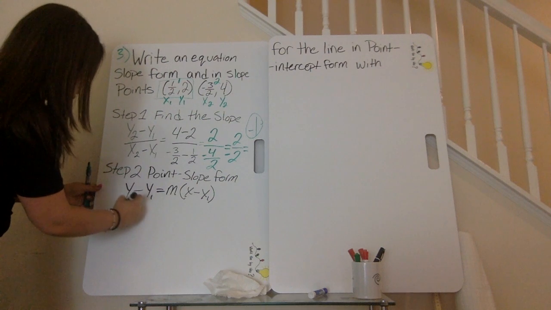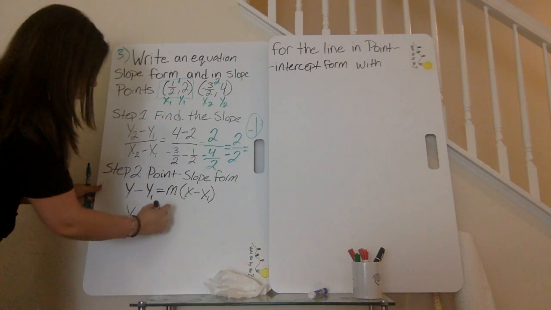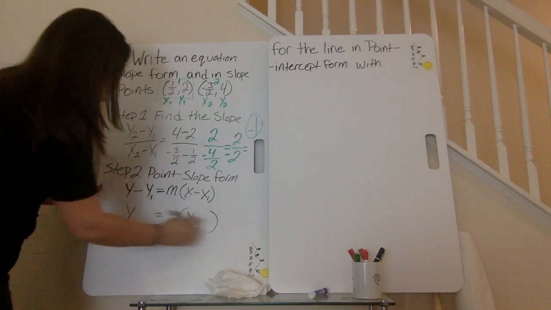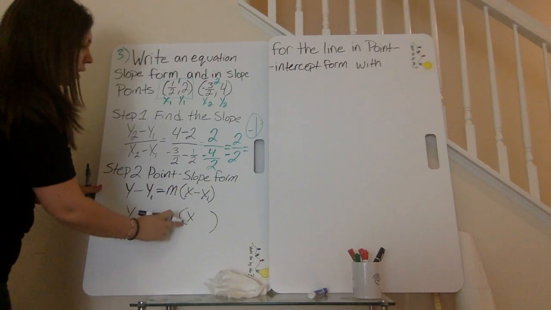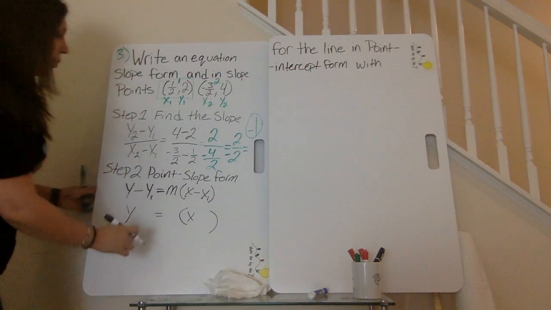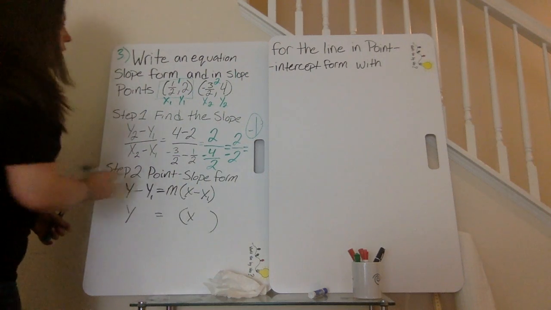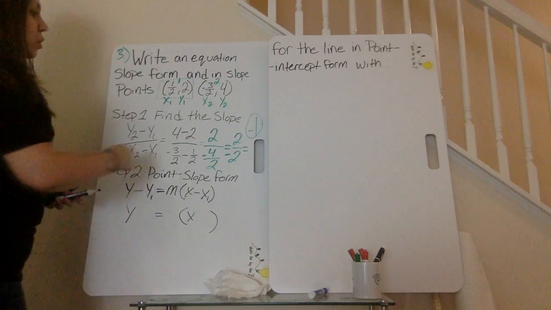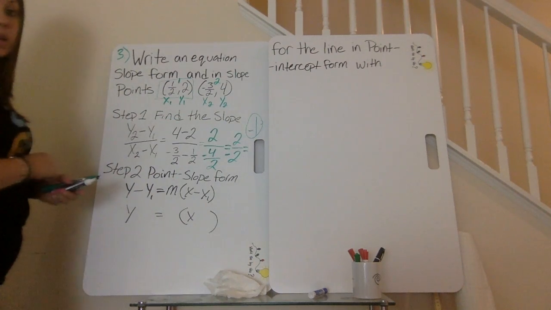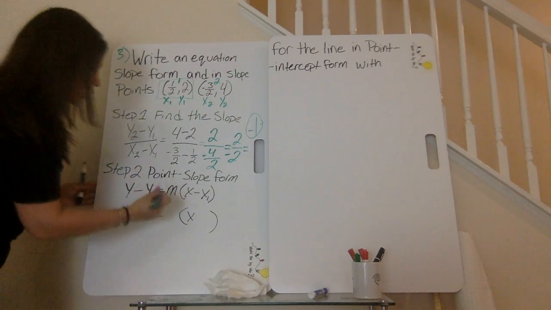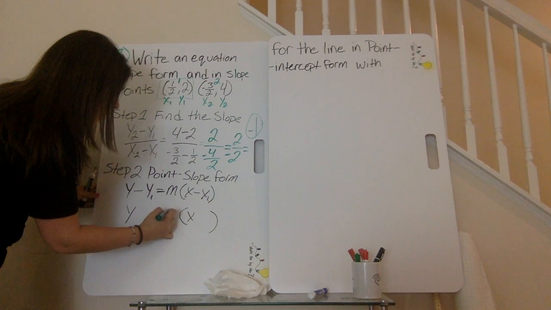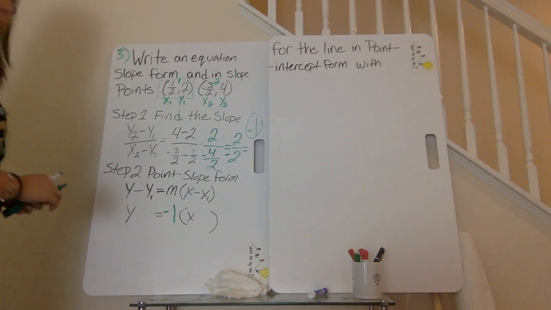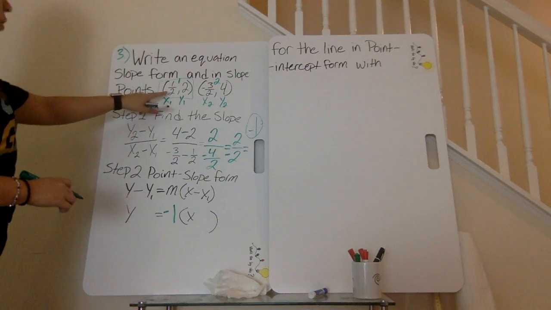So when we're looking at point slope form, the things that are never going to really change is our y, our equal sign, and our parentheses with the x in the front. Everything else, it's just kind of filling in the blanks. So we look for our slope. Our slope is -1. So I'm going to put this right here in the middle. So -1 right there. We look at our point.